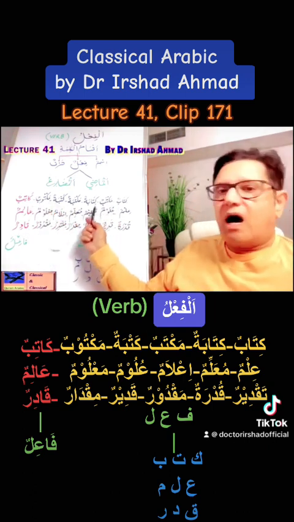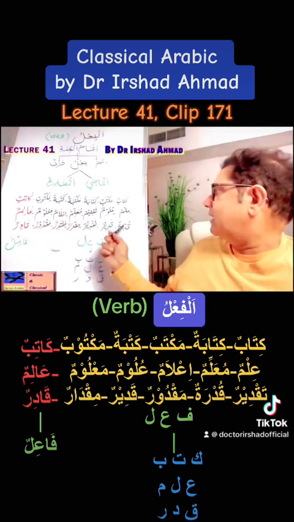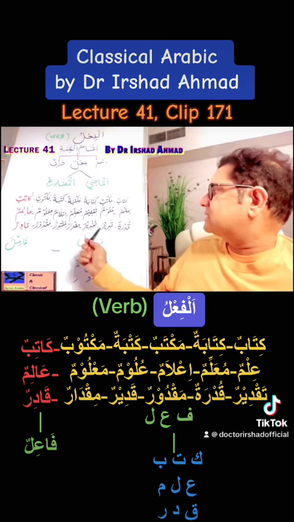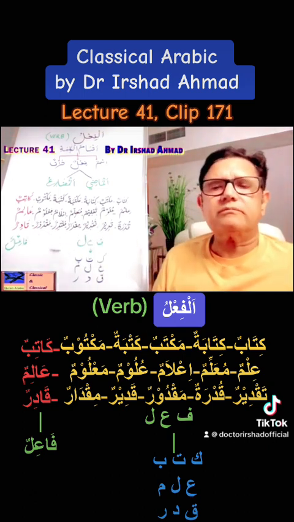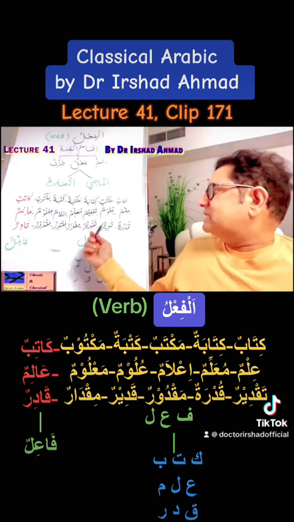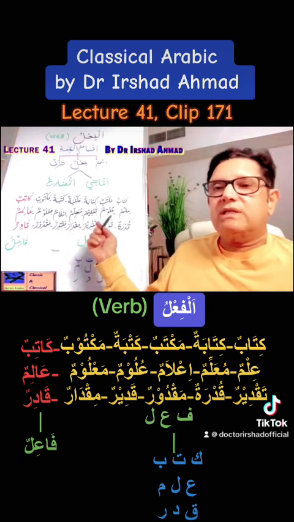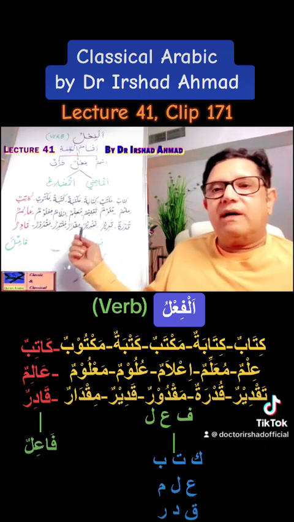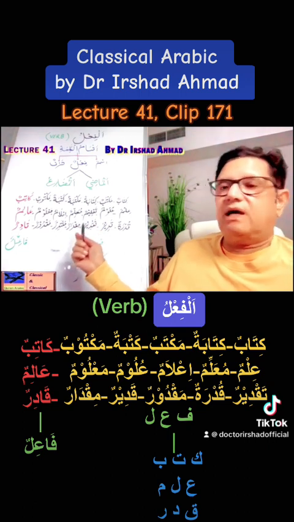Here ain, lam, mim is common to all these words, and here kaf, dal, ra is common to all these words. So basically this three-letter combination covers up to 99.9% of Arabic words.